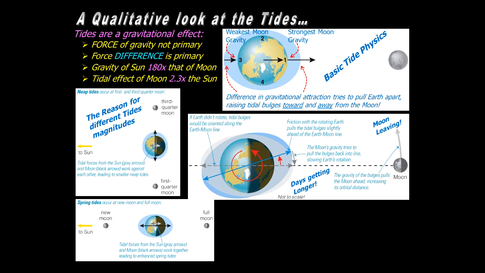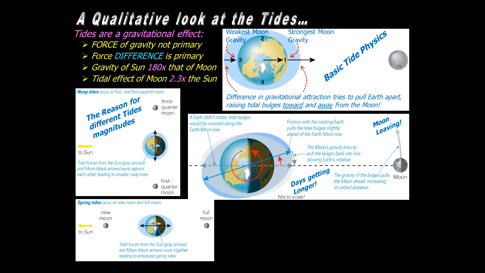Then a couple other interesting things. This is a view from the top. So here we have the Earth spinning around. And here's a line connecting the Earth and the Moon. All other things being equal, this outline here, this region, is the bulge pattern that would result just from the Moon stretching the Earth.